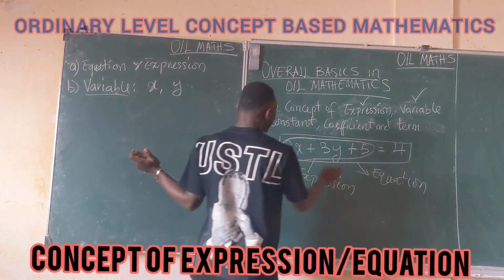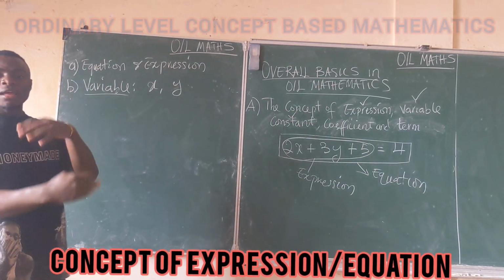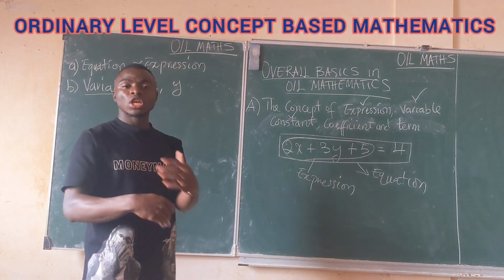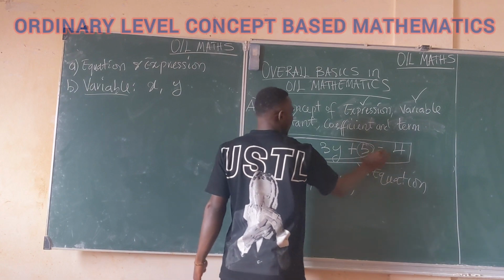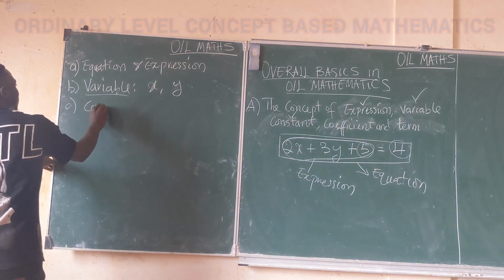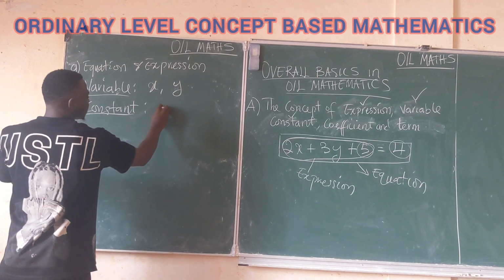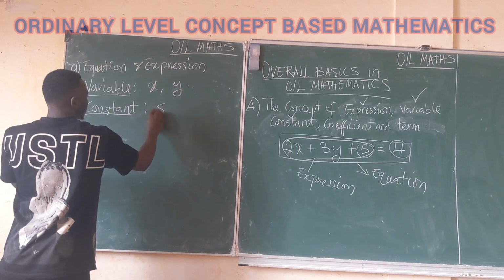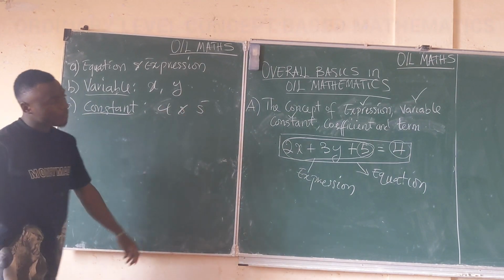That's all about variables. So we go down to constants. A constant is simply a value that does not change. The constant terms here are 5 and 4. That's all.